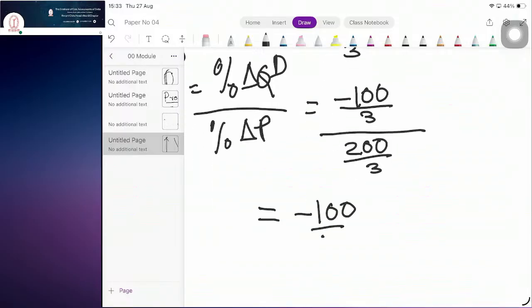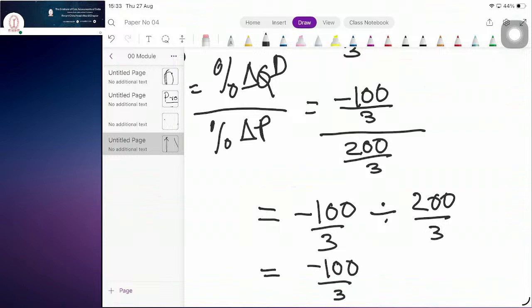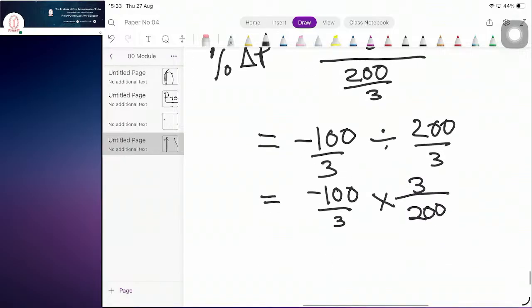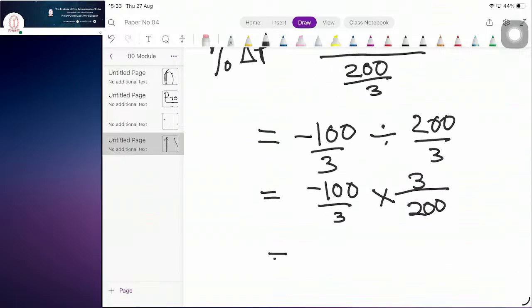You know that when you divide, it is multiplication with the denominators exchanged. So what will the answer be?